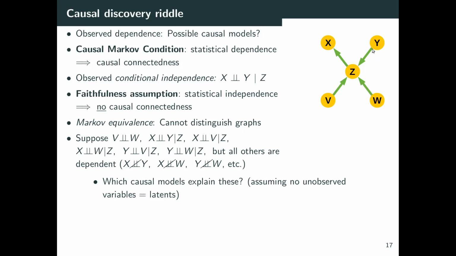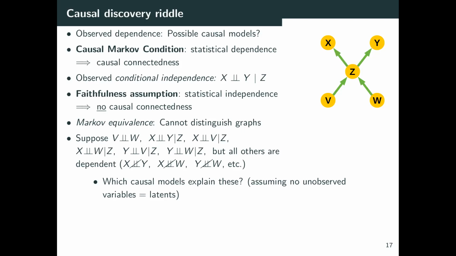It's this collider bias where you would get a dependence. And also unconditionally, W and Y would be independent for this graph, while they are dependent. So this is inconsistent. The same for the other side, and the same for both sides causing Z.